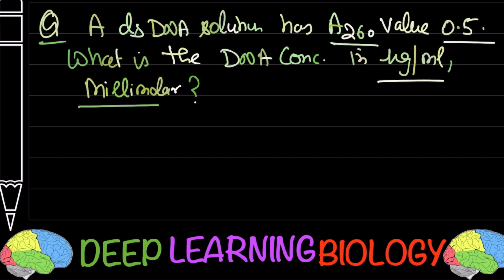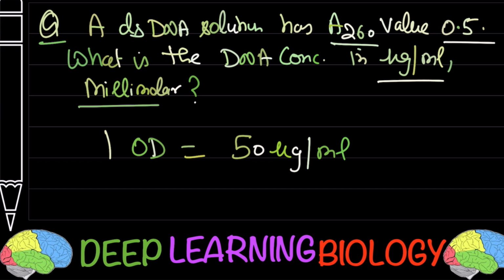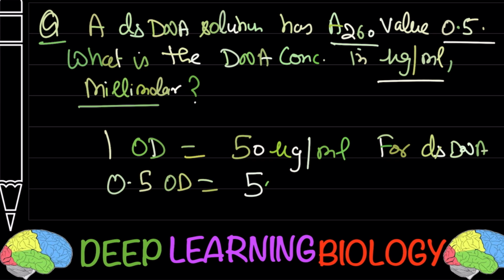Now try to recall, 1 OD is equal to 50 microgram per ml for double stranded DNA. So after spectrophotometric analysis, if you get the value 0.5 OD, it will be 50 into 0.5.